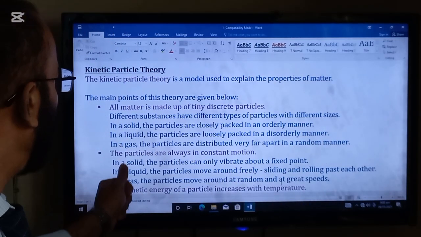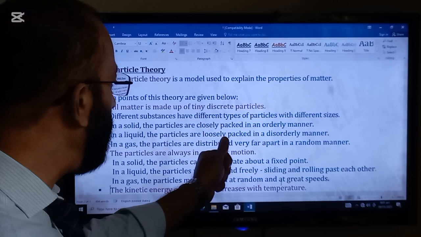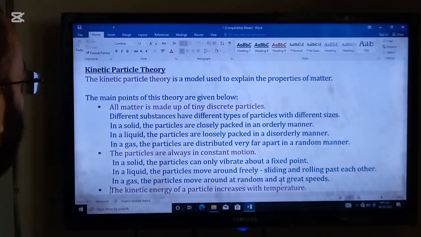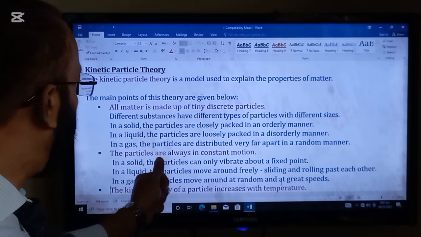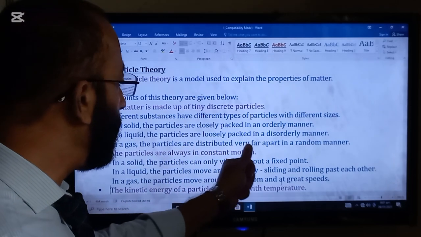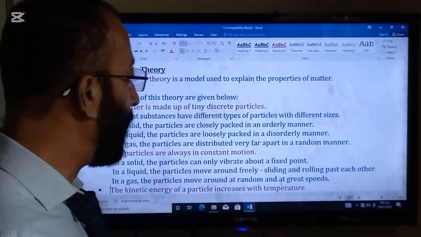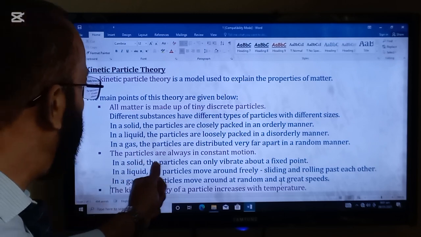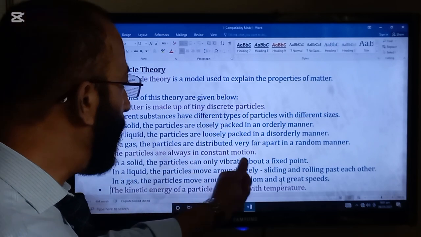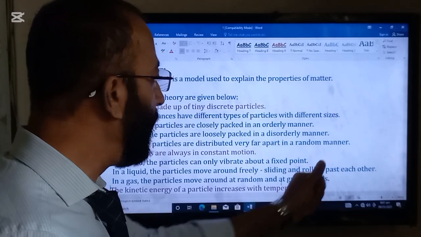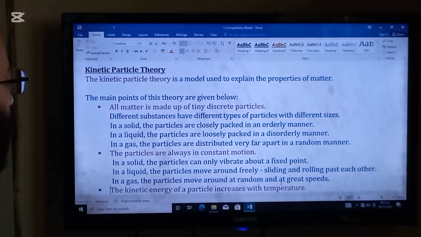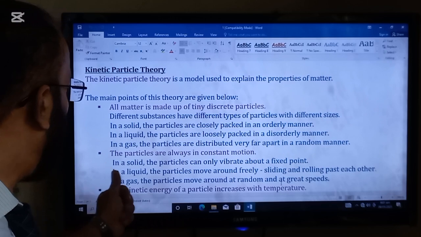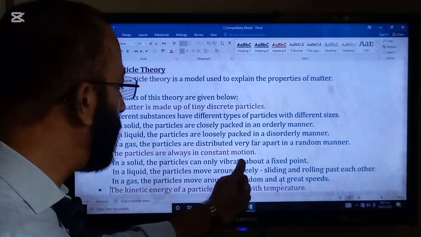In a solid, the particles are closely packed in an orderly manner. In a liquid, the particles are loosely packed in a disorderly manner. In a gas, the particles are distributed very far apart in a random manner. Next point of the kinetic particle theory is the particles are always in constant motion.